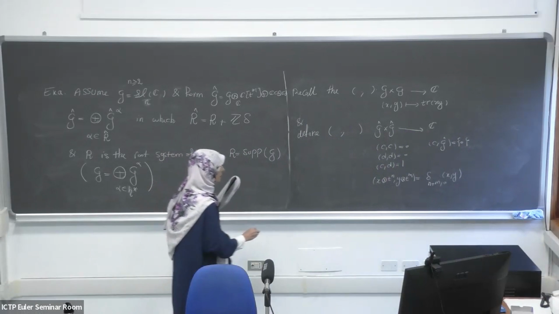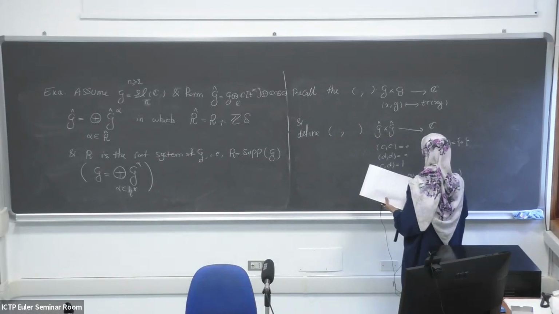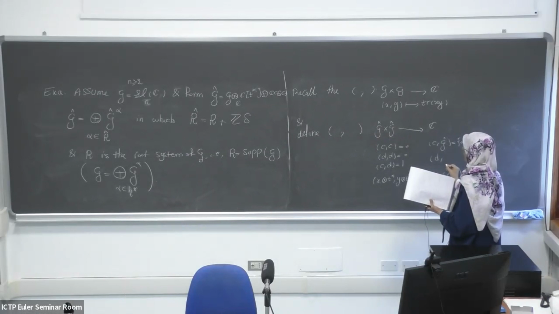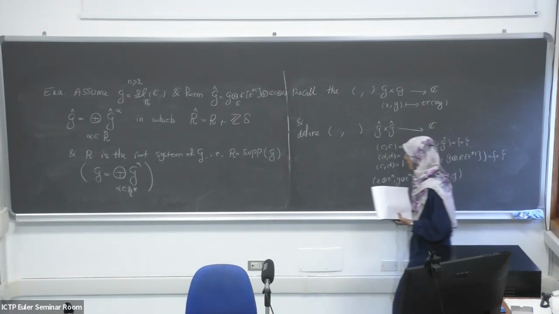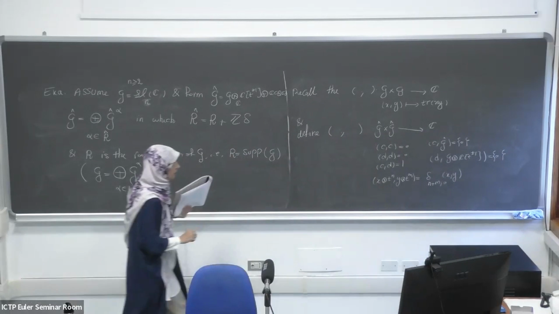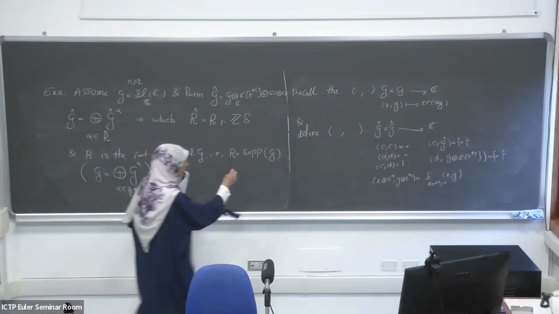Right, and D with which part? G, yeah, G tensor C plus minus 1. It is also 0. Right?